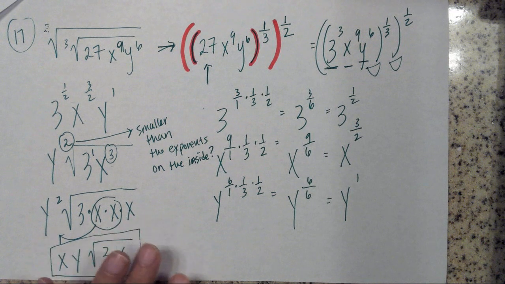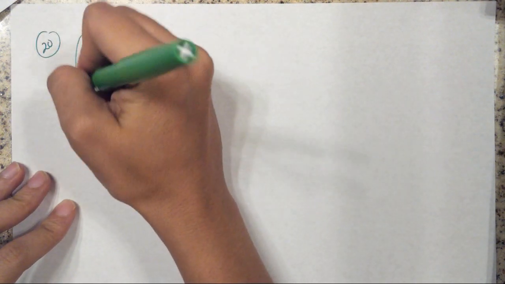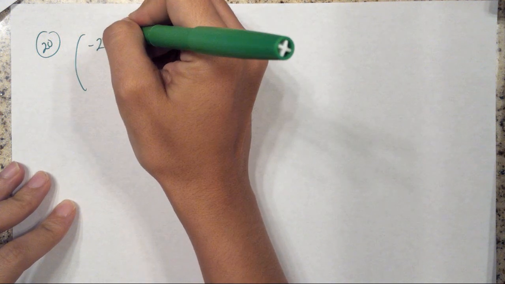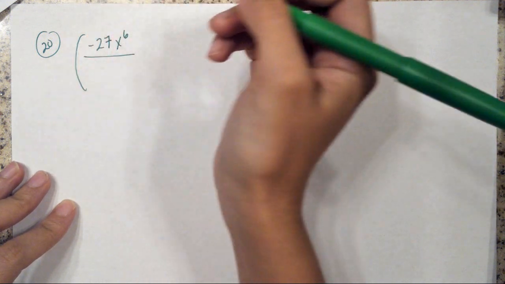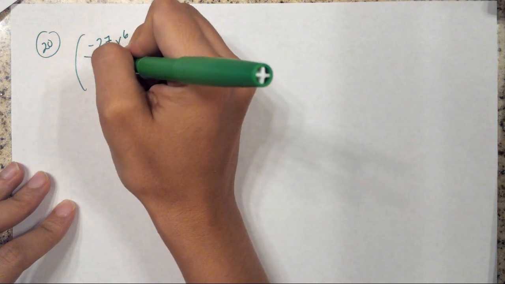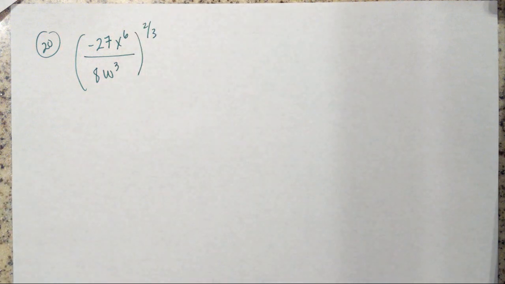Alright, let's go to the next one. Number 20. So I have negative 27 x to the 6th over 8 w cubed, all to the 2/3 power.